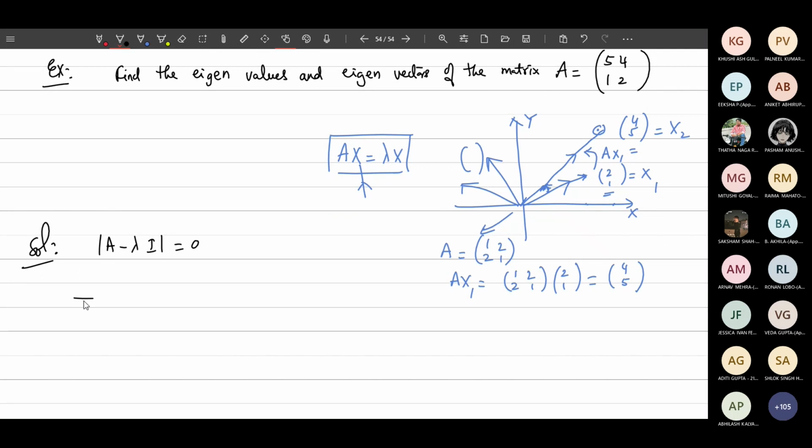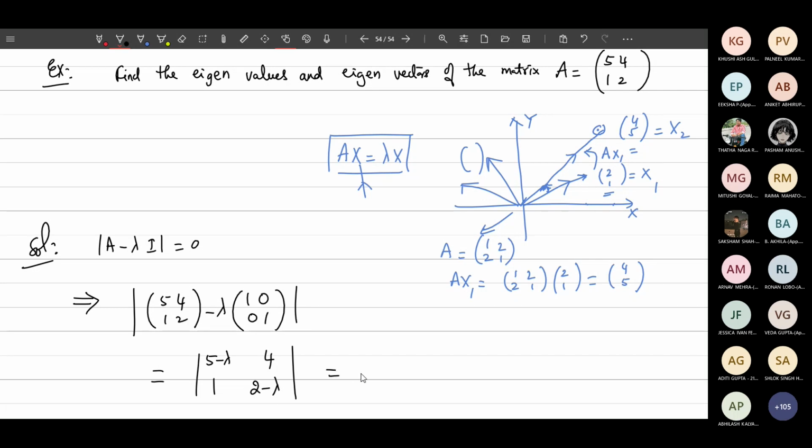So the determinant of 5, 4, 1, 2 minus lambda times the identity matrix 1, 0, 0, 1, is equal to the determinant of 5 minus lambda, 4, 1, 2 minus lambda.